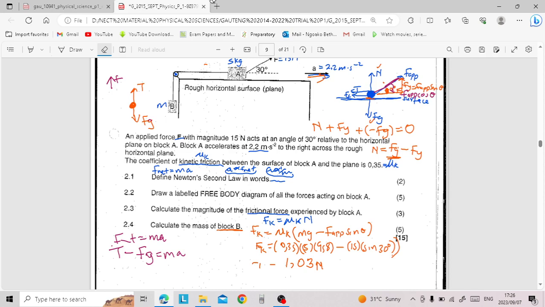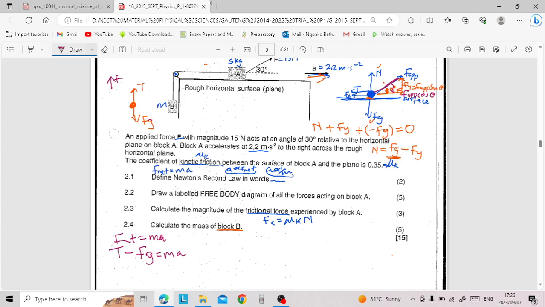Let's erase this one. In mind we know that the answer here was 4.03 newtons. This one is for block B.